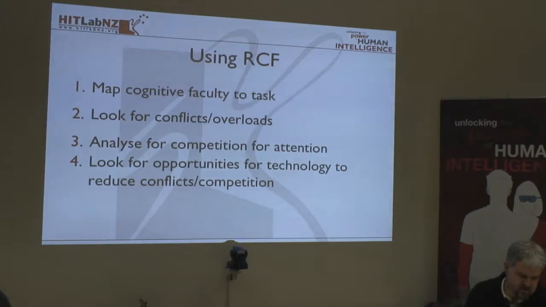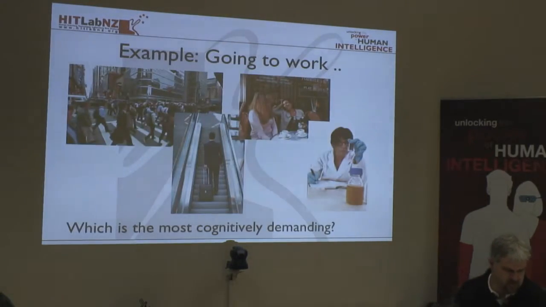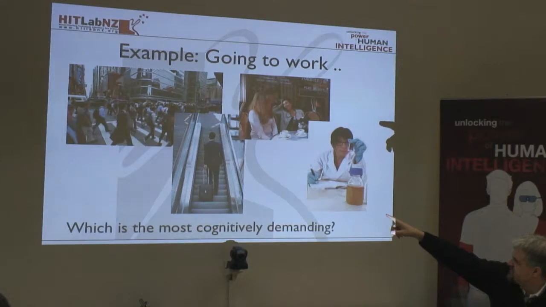The way you use this resource competition framework is you map the cognitive faculty to the task and look for areas where you have conflicts or overloads, and these areas might be places where you can use technology to help improve things. Let me give you a simple example. When you go to work, you might be doing different things. One is walking down the street, a crowded street here.